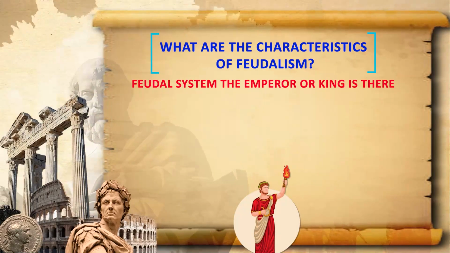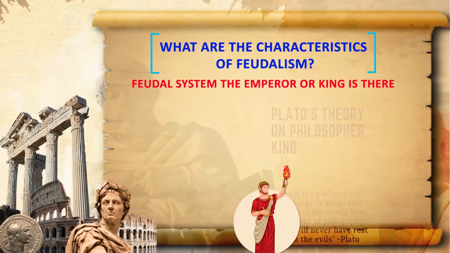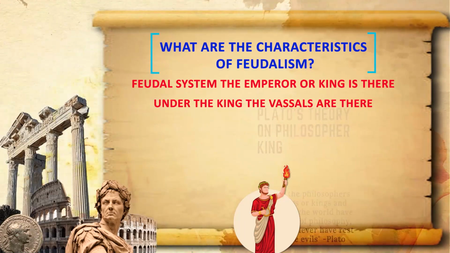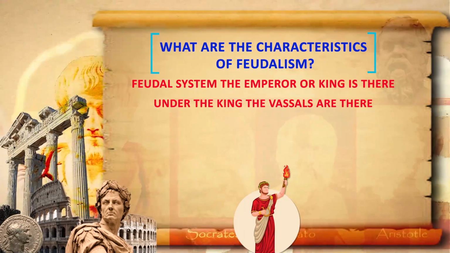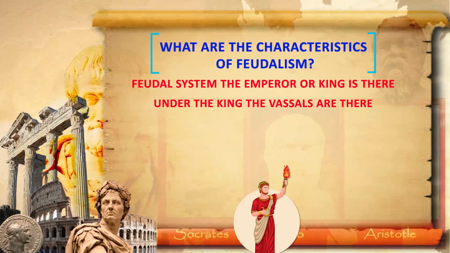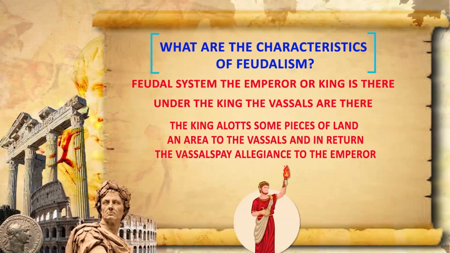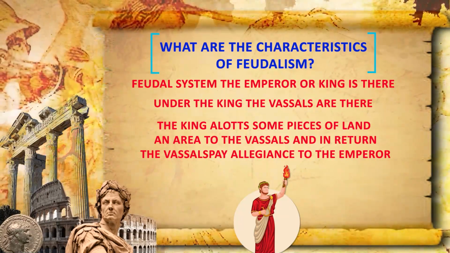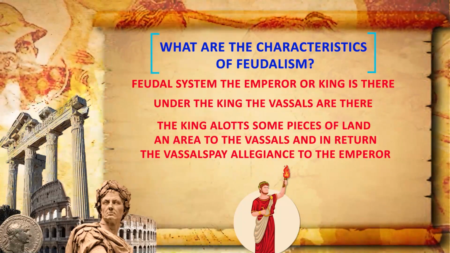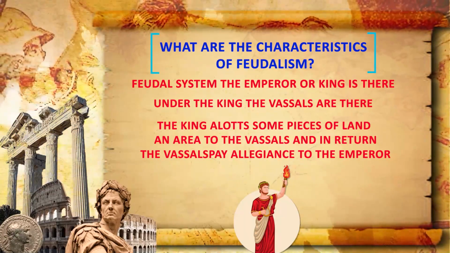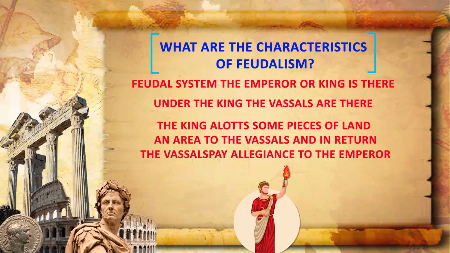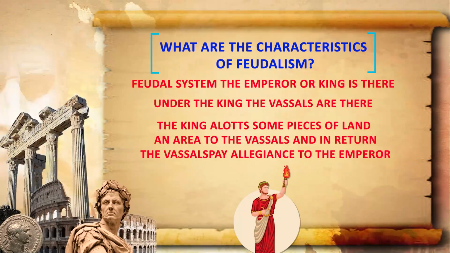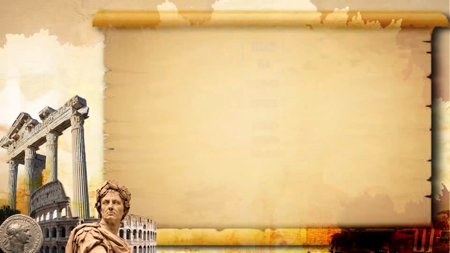In a feudal system, the king is there, the emperor or the king. And under the king, the vassals are there. The king allots some pieces of land or an area to the vassals, and in return, the vassals pay allegiance to the emperor. And ultimately, the emperor declares himself as the representative of God.